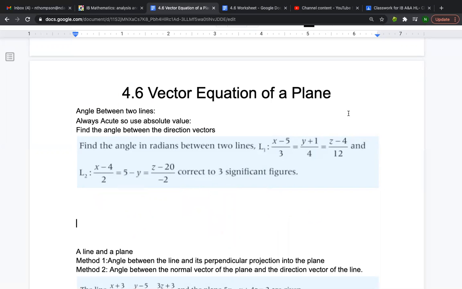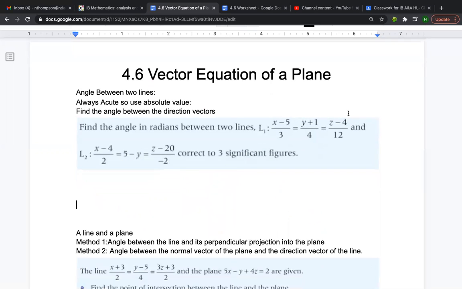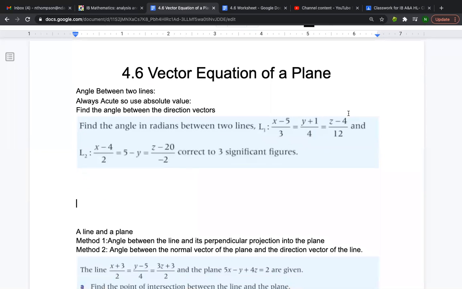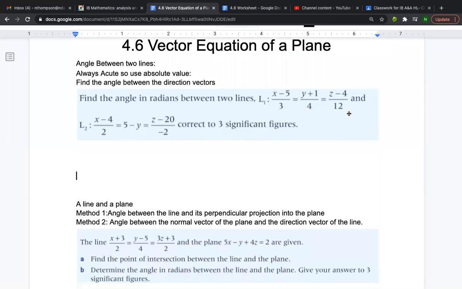All right, this last one is the angle between a line and a plane. Now, there are two different ways to do it. The first method takes a lot longer, but it is the one that is associated with the formulas that you already know. Like, you don't have to learn extra things.